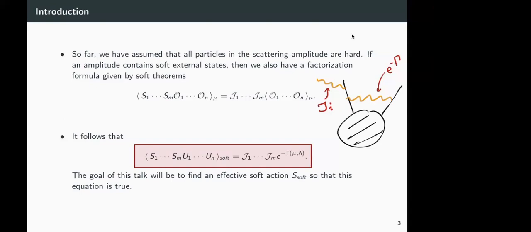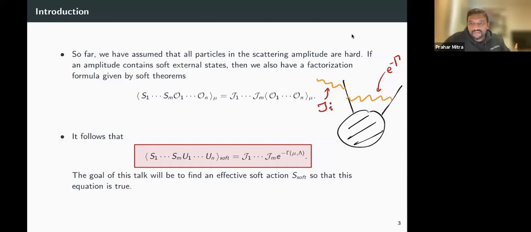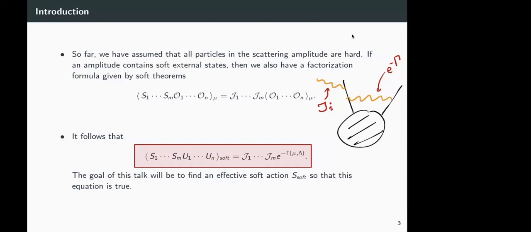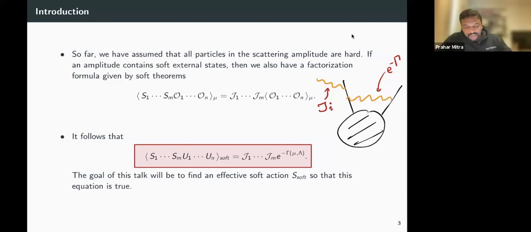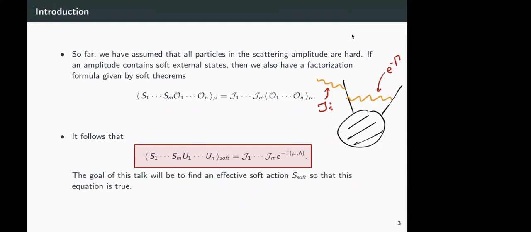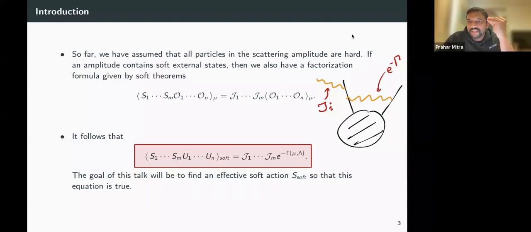Prahar, one question. If the mass of the external hard particle is greater than mu, then I don't quite see what the soft piece of that operator is. It looks like it's trivial, that there is no soft. Not the soft piece of that operator, but the point is that if the operator is charged, for example, think of an electron, then a free electron doesn't exist, because as long as you have a massless photon, you have long range interactions.